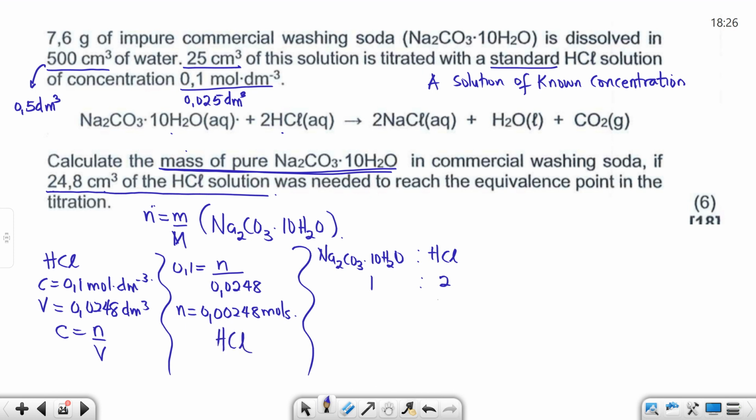We work with HCl here. So if I have 0,00248, what will I get? We cross multiply. What will N be? 0,00124 moles. I don't know if we are all on the same page there. Talk to me. Before I continue, are we on the same page?